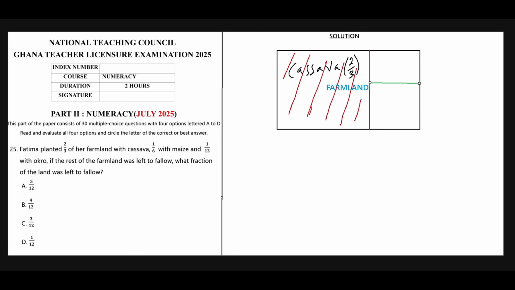So that is for maize. This portion, maize, 1/6. Again, 1/12 with okra. So 1/12 was used to cultivate okra.